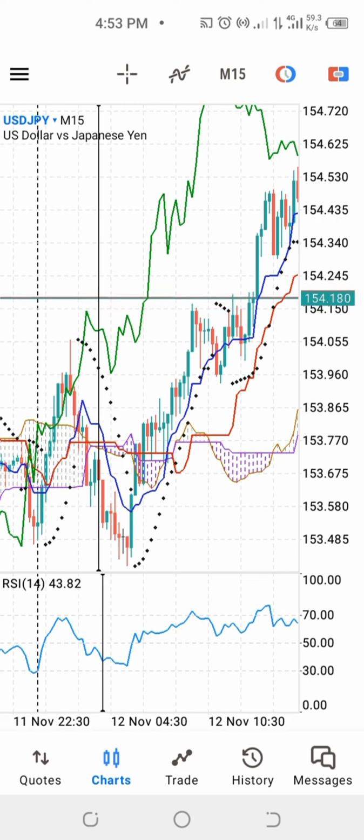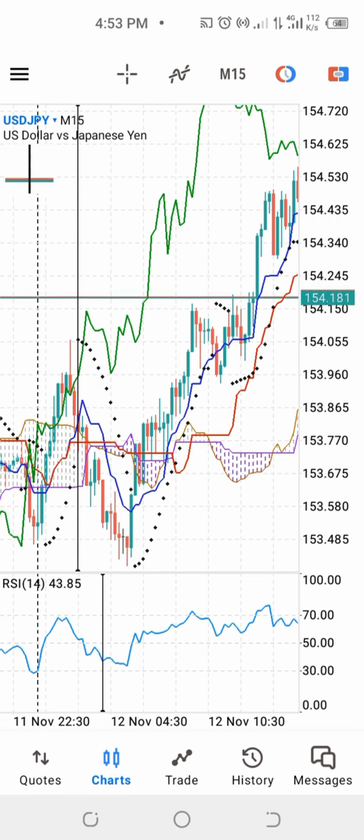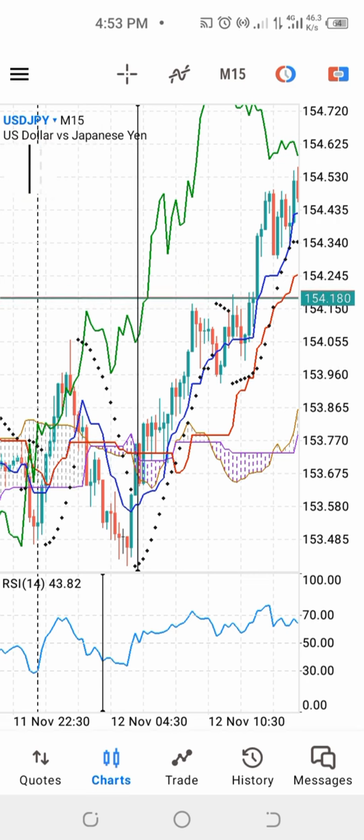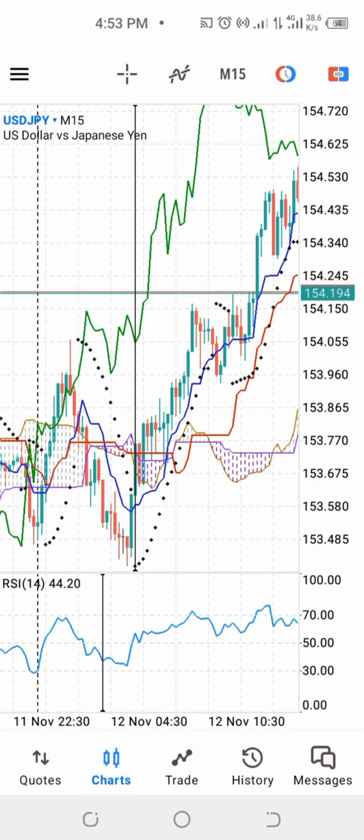You wait for the price to finish imprinting from the top and get to the bottom. As soon as the price starts imprinting underneath the market, then you know that it's time to enter.